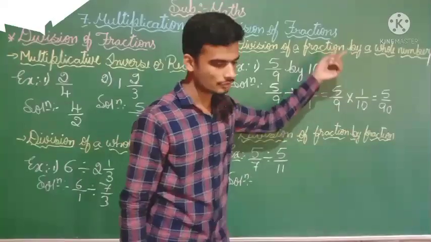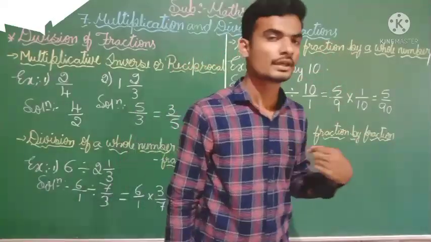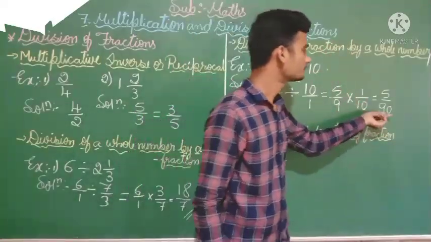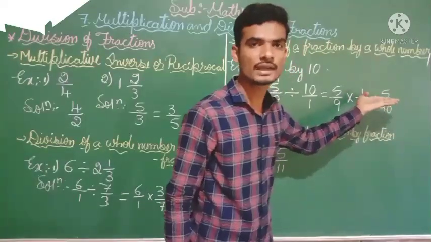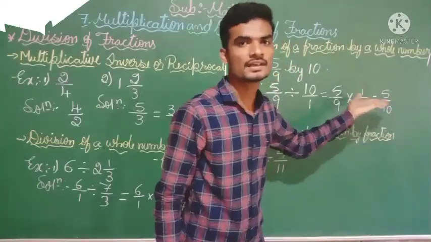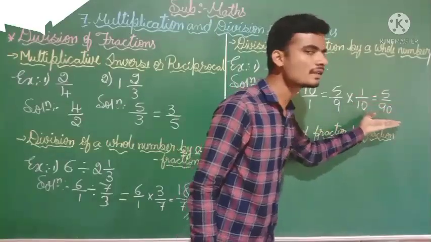In this way you have to find the solution. Now here you check if it is going to reduce to the lowest term. Yes, it will be reduced to the lowest term.